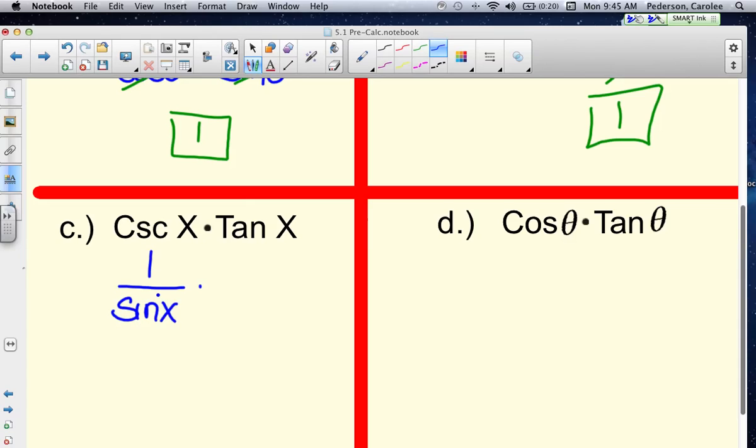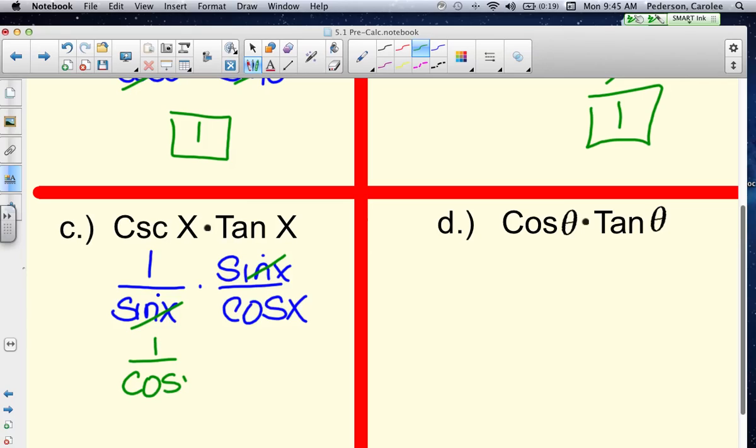How can I write tangent of x? Sine of x over cosine of x, the quotient identity. Now what can we do? We can cancel the sines of x. So these sines of x cancel. So we're left with 1 over the cosine of x, which is secant of x.